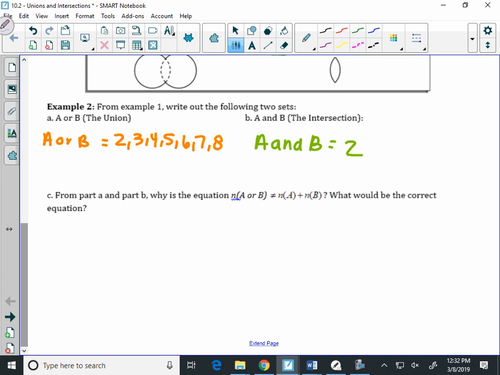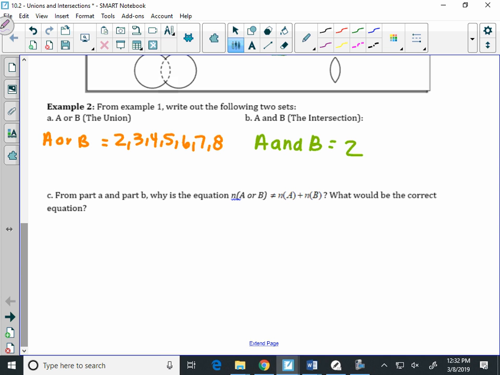From part A and B, why is this equation not true? The number that's in their union, why does it not equal just the amount in both added together? Because you're combining the two sets together, so wouldn't it make sense that if we just added the amounts in both sets, we would get what's in their union?